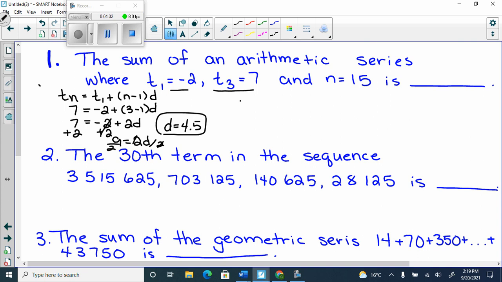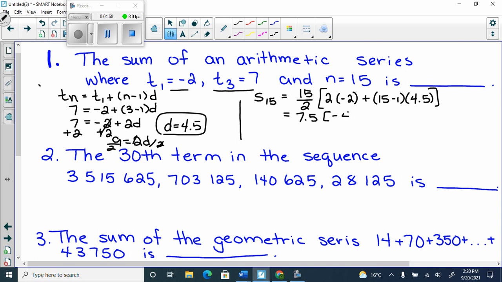So we need S15, and I'm going to use the formula with the d in it. So I'm going to get 15 over 2, bracket 2 times T1, T1 is -2, plus n minus 1, so 15 minus 1, and then d we found was 4.5. So I get 7.5, bracket -4, what's 14 times 4.5? 63?